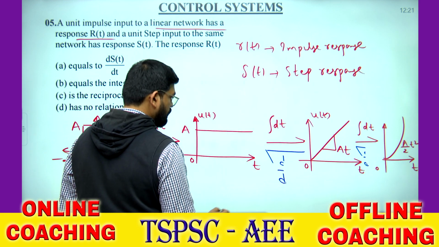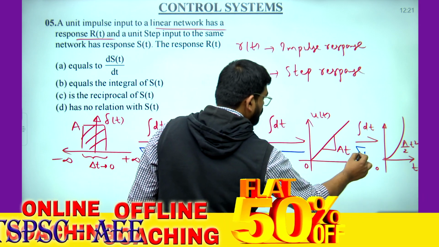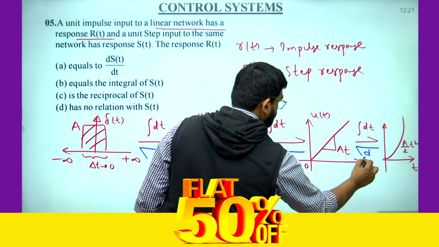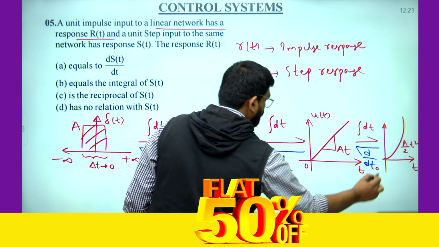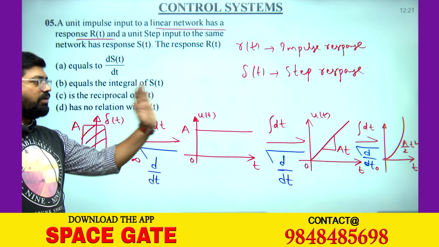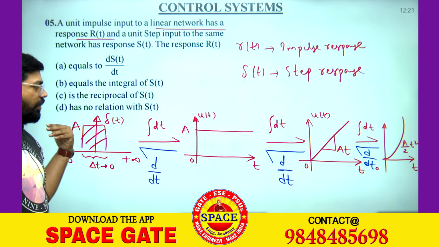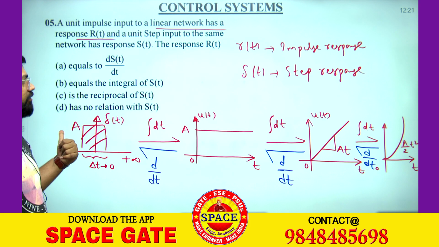Now observe this: it is d by dt. Got the point? So, if you go from left to right, we need to do integration. If you want to go from right to left, we need differentiation.